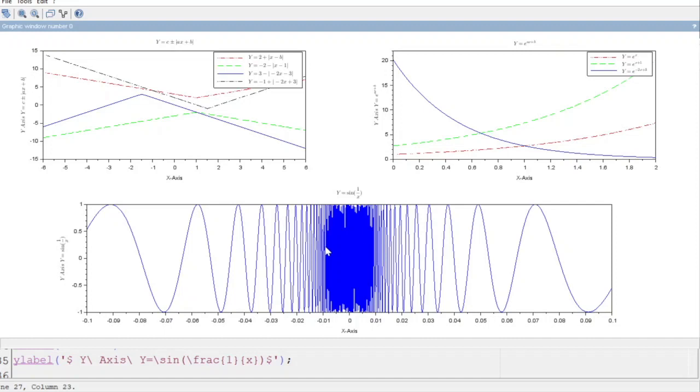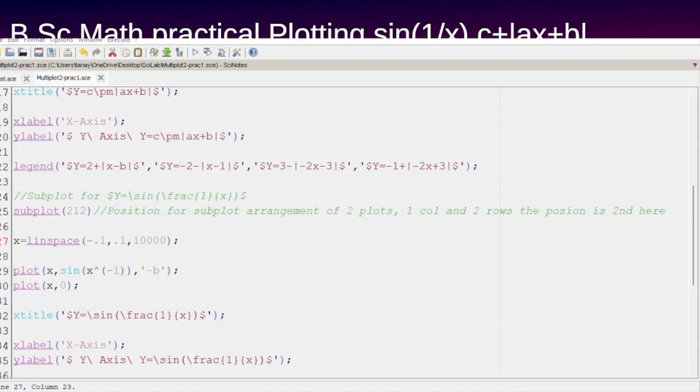We cannot see the nature of the graph here. This is not a good depiction of any graph. So we need to reduce our points. If you find this kind of problem, you reduce your numbers. So I reduce my numbers to 100.